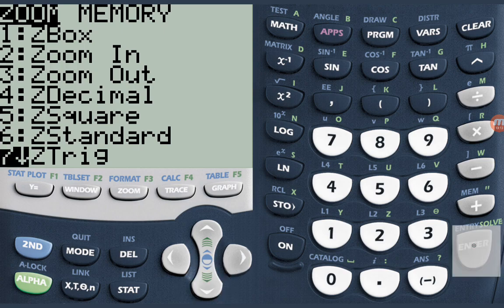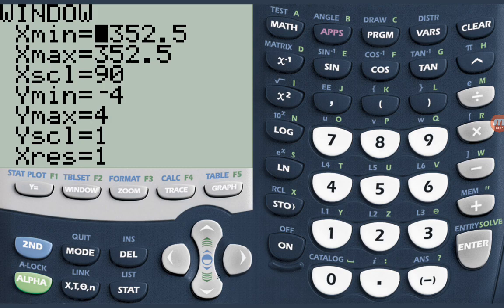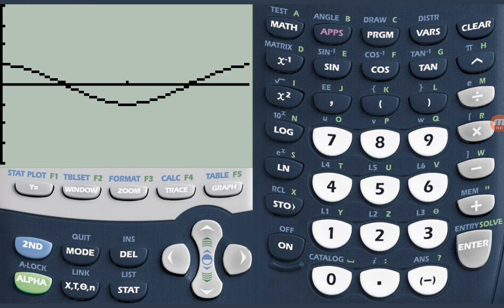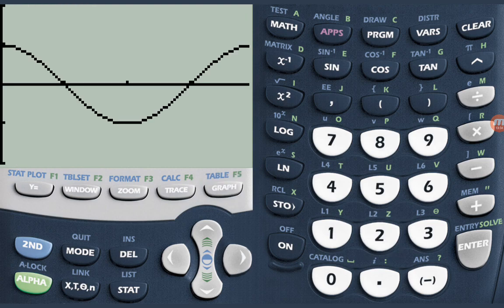What I'm actually going to do is go into the window menu and ignore the negatives. So that's what a cosine graph looks like. Let me even change the window a little bit so it doesn't quite go so high. Let's change my y range from -2 to 2 instead. That looks better. So that's our cosine function between 0 and 2 pi, or 0 and 360 degrees.